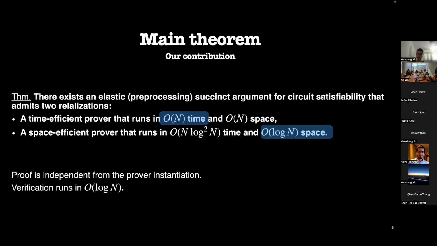And the overall verification cost is just log n. So the overall space cost of the verifier is also log n. So in short, the verifier does not need the streaming input, because its input is already very short.